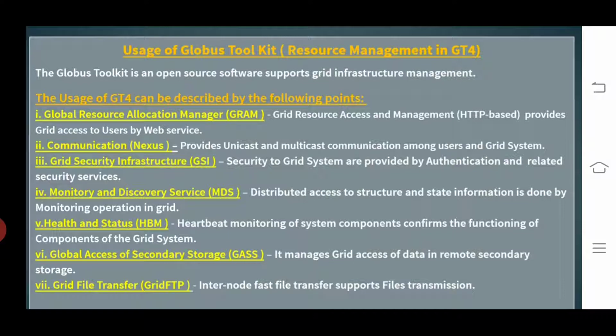Each file transmission must provide a uniform resource locator source and a uniform resource locator destination. From source to destination the file must be transmitted. In the sense, each file transmission must provide a URL source and a URL destination.